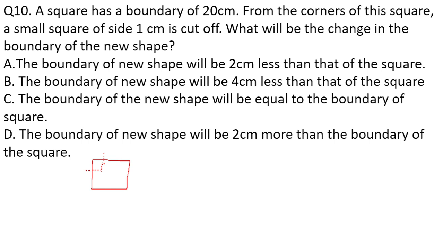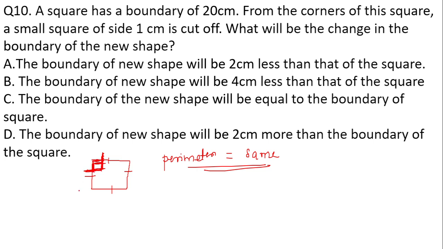Whenever we are cutting a small square out of a larger square, always keep in mind the perimeter is never going to change. Perimeter is going to remain the same, because the sides of the squares are the same. Similarly, we are cutting the part, which is again a square shape.